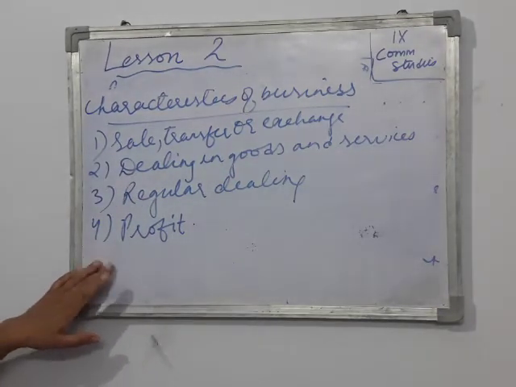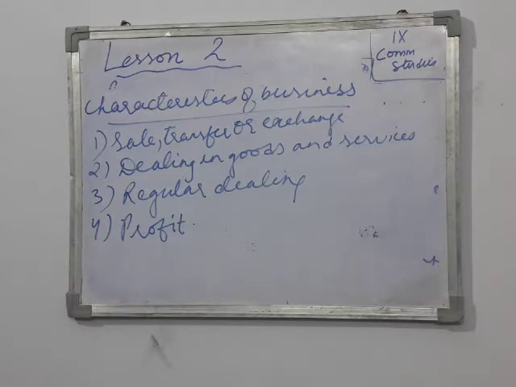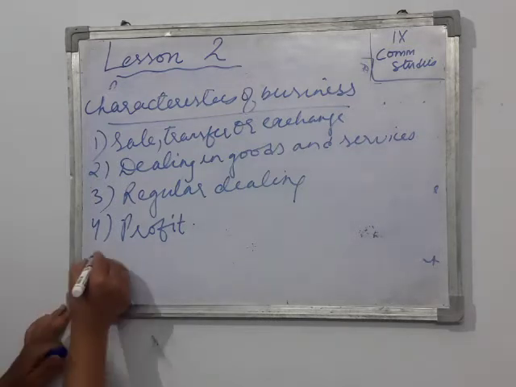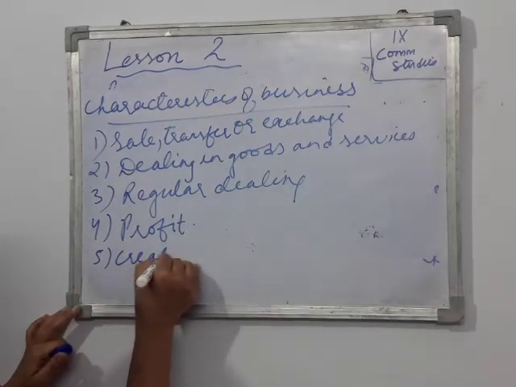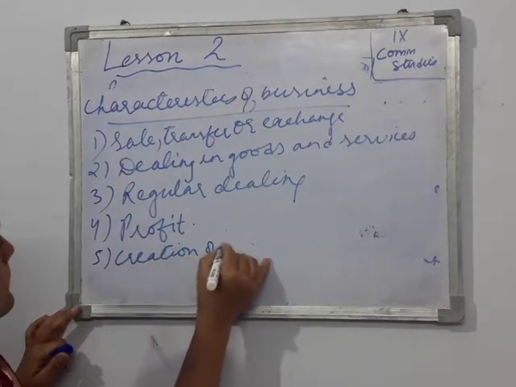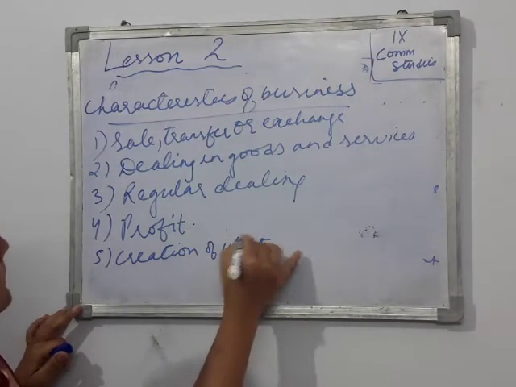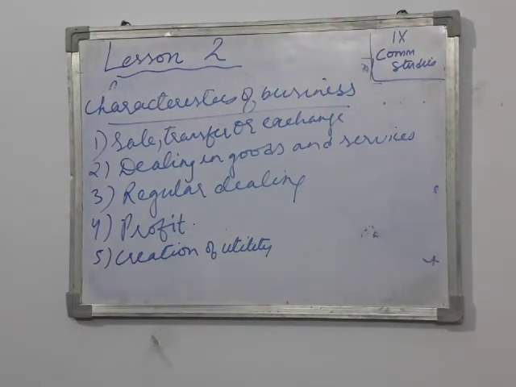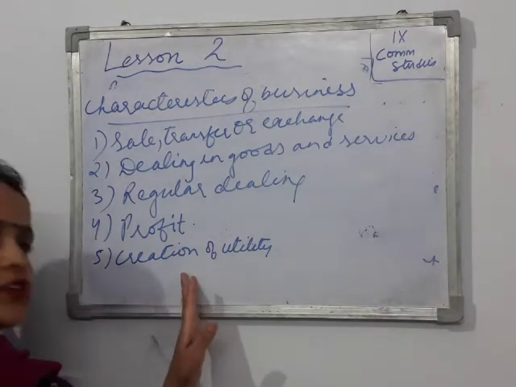Right now, the fifth is creation of utility. Now, what is creation of utility? So children, the other point is creation of utility.